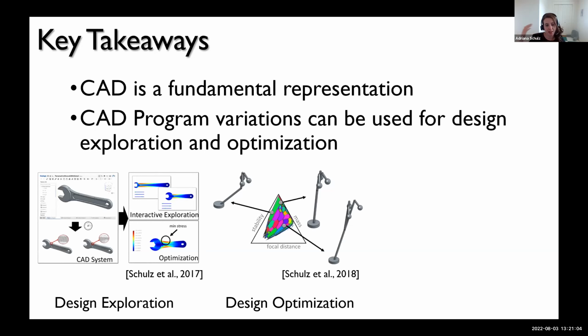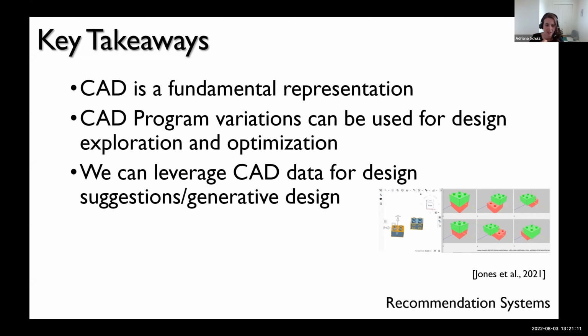And the third takeaway is that now that we have these great data sets of models, particularly the ones that Onshape is releasing, we can now start to use this data to create better suggestions and recommendation systems or generative design tools as well.